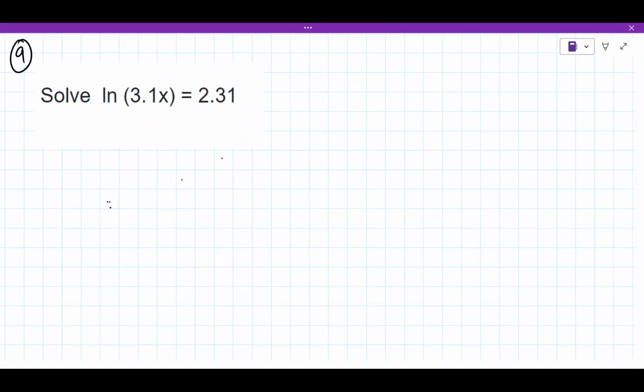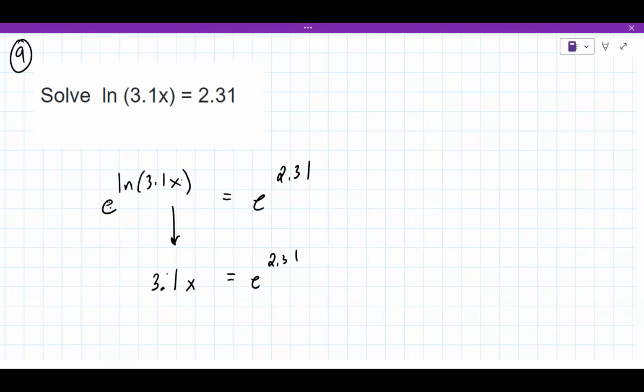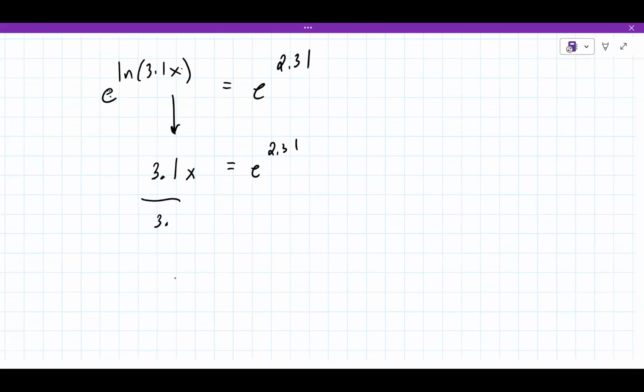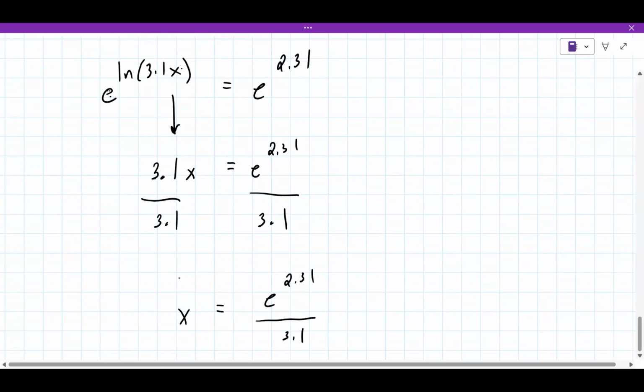No, we had an e with the exponent. Right. So in this case, it just drops out. It just becomes 3.1x equals e to the 2.31. And then you divide by 3.1. So you got to go to your calculator again, e to the 2.31 over 3.1, like that.